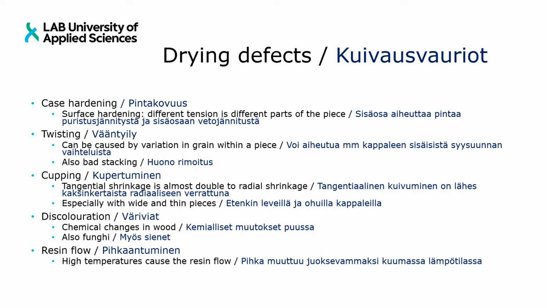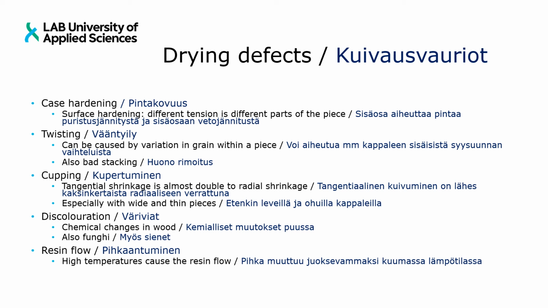Then drying defects, discoloration. There are chemical changes in wood, so if you do it wrongly in the kilns, you might actually cause discoloration, blue stain, but also fungi will have an effect on the pieces. So that's part of the discoloration as well.